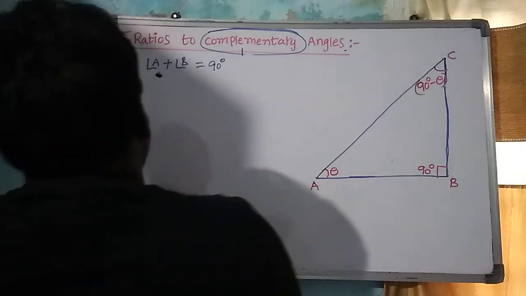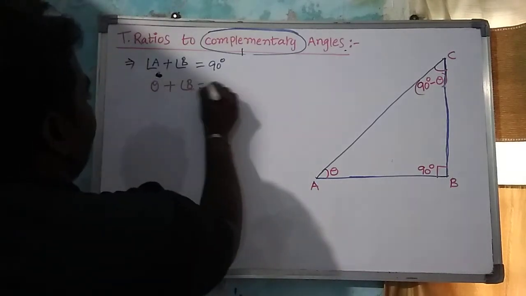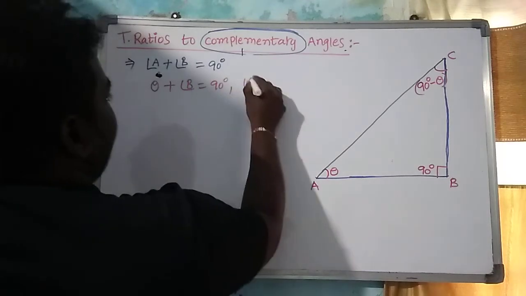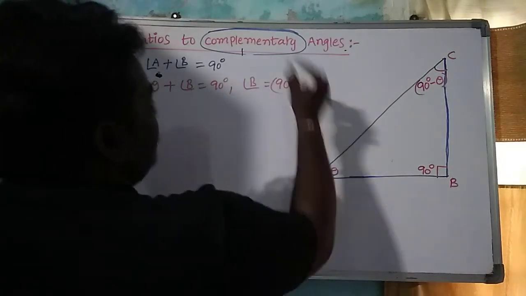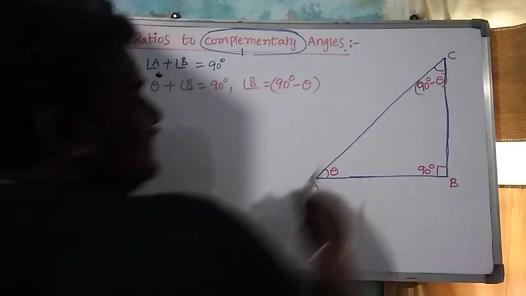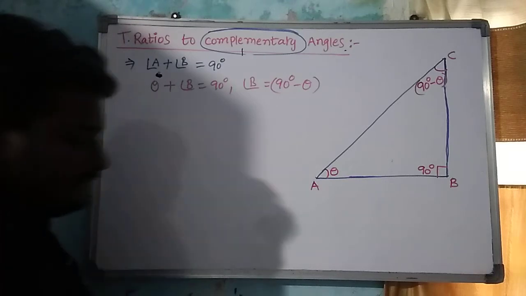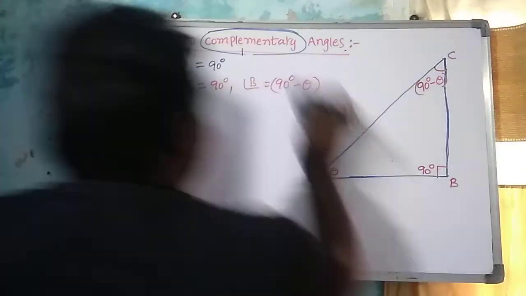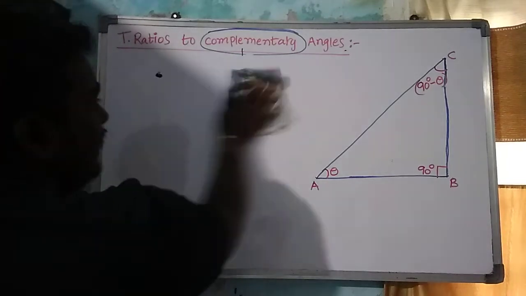If angle A is theta, then angle B equals 90 minus theta. Justified, right? That is this step. Now we have complementary angles.